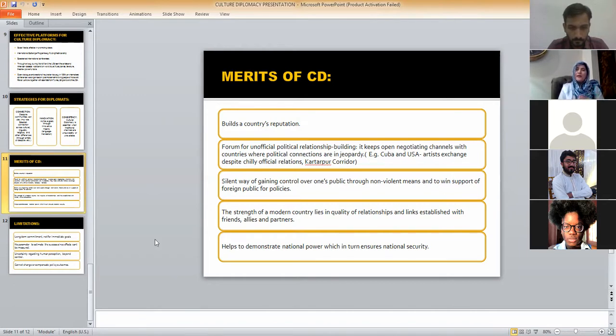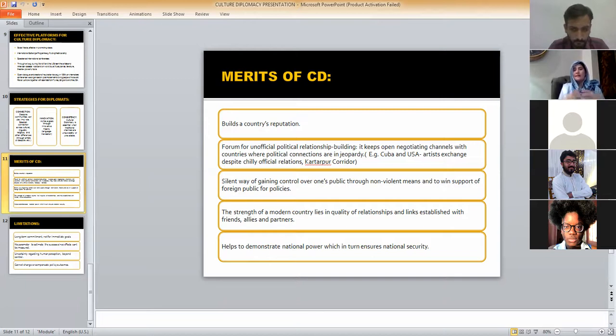It is a silent way of gaining influence over a foreign public through non-violent means, to win the support of the foreign public for policies, and to strengthen the quality of relationships and linkages established with friends, allies, and partners. It helps to demonstrate national power, which is of the essence of national security as well. So you enhance your national power, and that can help in securing your national security.